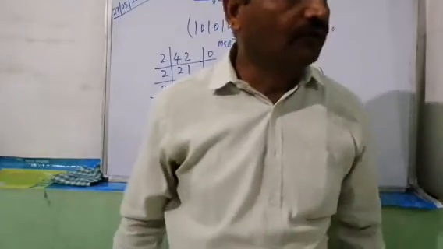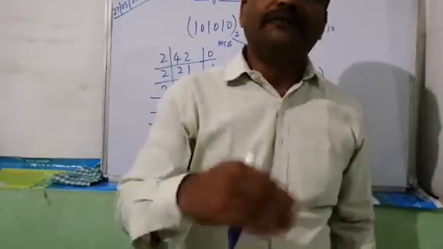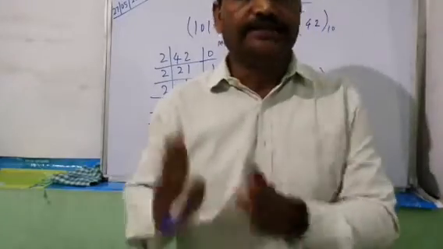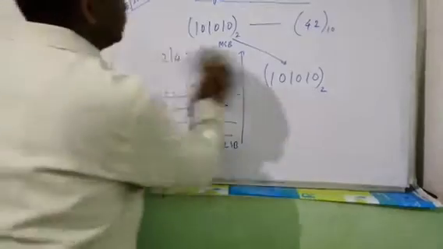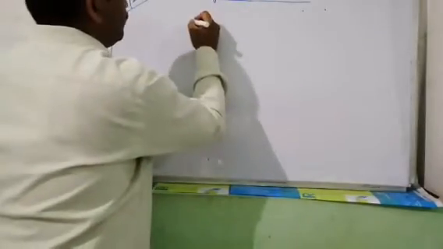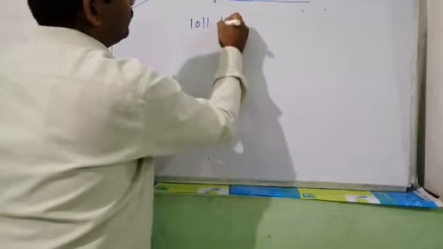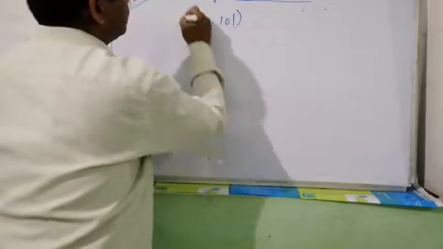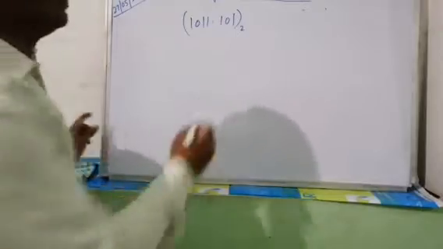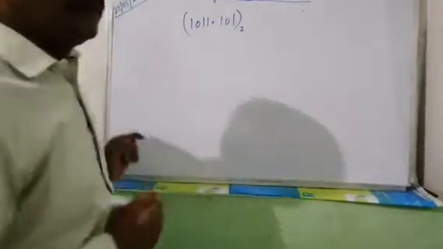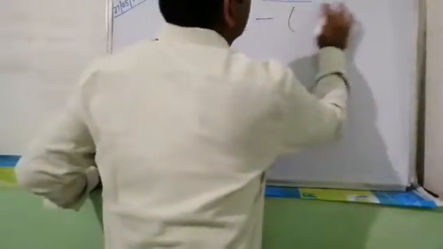Now we will learn how to convert a binary fraction to decimal. So fraction means if the number is like this, 1011.101 to decimal.